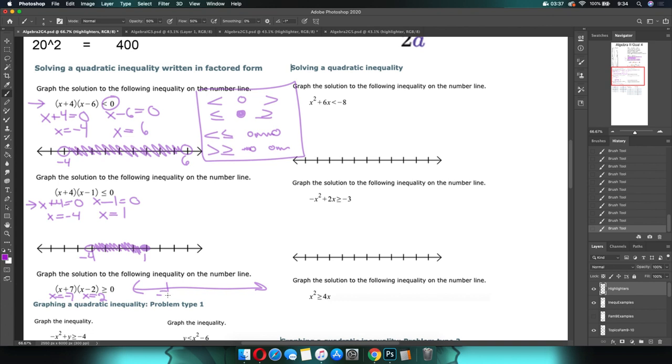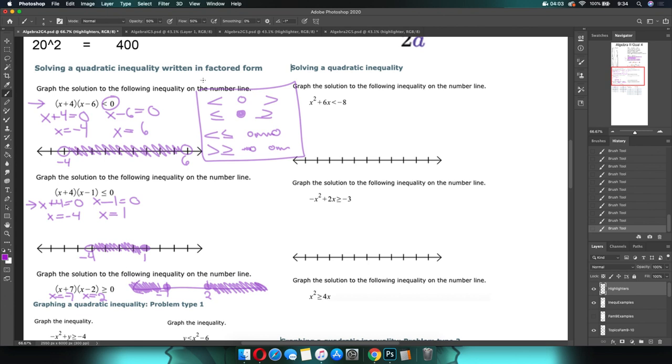So I have negative 7, I have 2, this is going to be closed because it's an or equal to, and now this one says greater than. Greater than means we're shading on the outside, so I'm going to be shading this way, and this way. So less than, you're shading between, greater than, you're shading the outsides, all right?